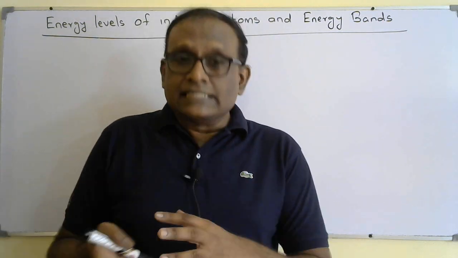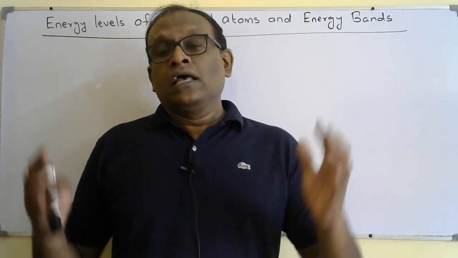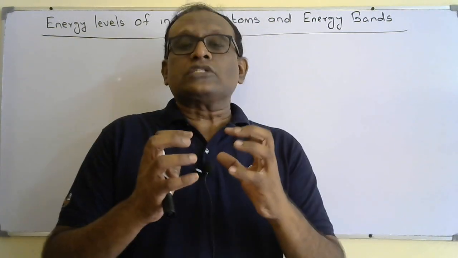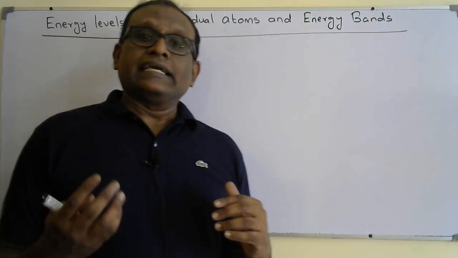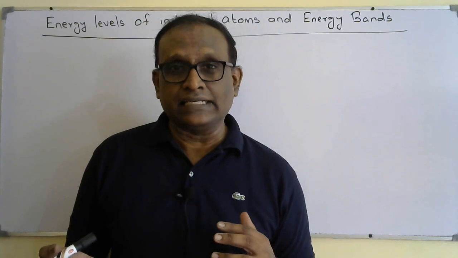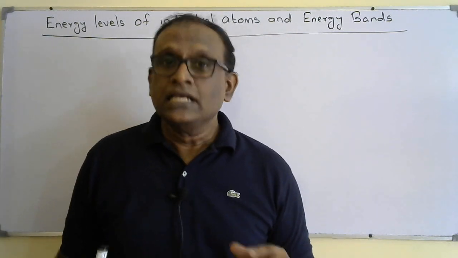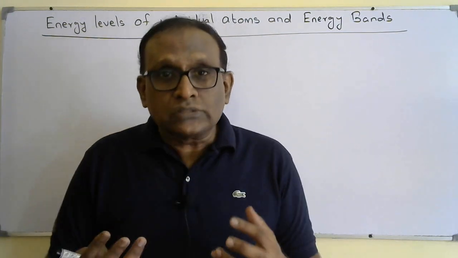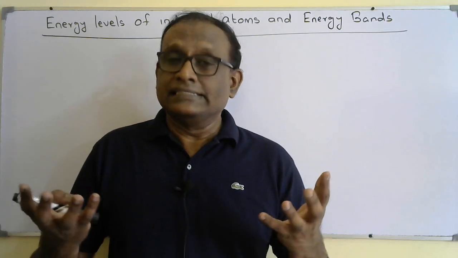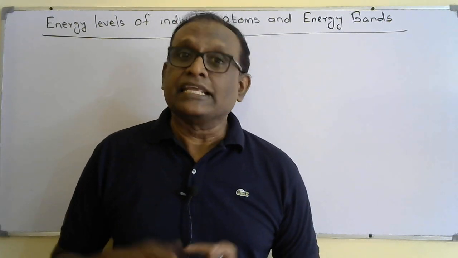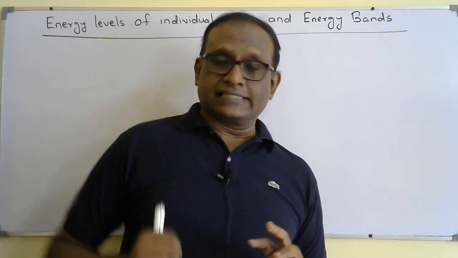Why do we consider bands rather than individual atoms? In solids, the atoms are very closely packed together and energy levels overlap with each other, and in electrical conduction not only one atom but the whole lattice is involved. Therefore, we need to think about the outcome of the overlapping energy levels, which forms the energy bands. So there are two types of energy bands, valence band and conduction band.